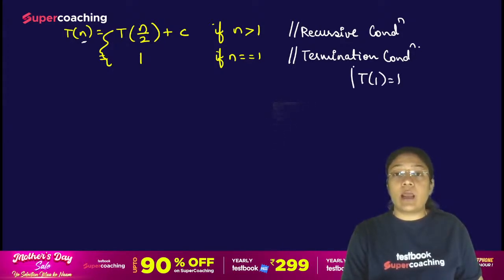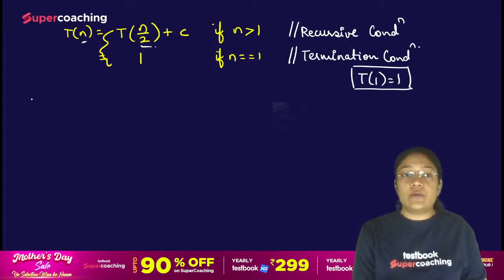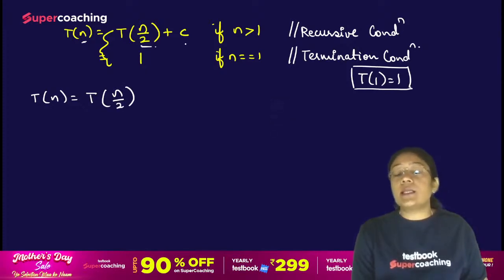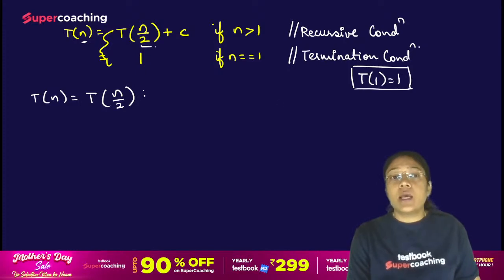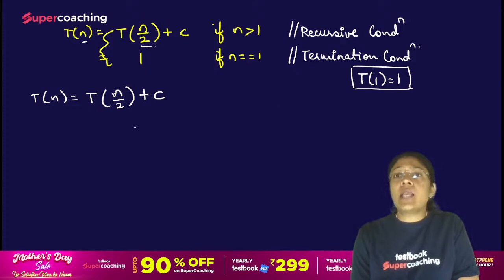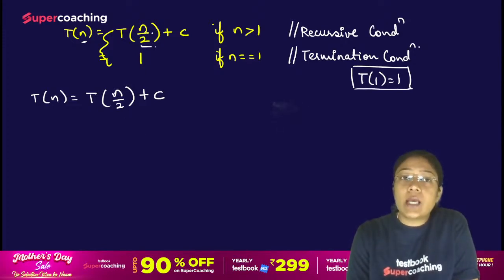Now this is a different type of problem. Here there is some term present in the numerator. So let's start with the first term. T of n is equal to T of n by 2 plus C. What is the C? This is constant. That means it is independent of the size of the problem. Now I need to get the value of T of n by 2. n की जगह पे हम क्या substitute कर रहे हैं?